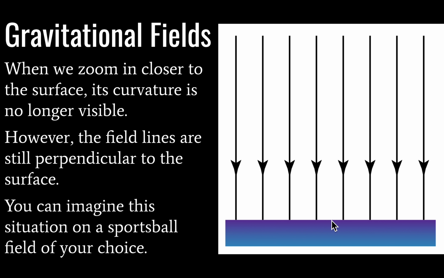So an easy way to think about this would be to imagine yourself standing on a sports ball field, sports ball of your choice. And to you, that field looks perfectly flat. However, if you zoom out to space, that will look like a very, very tiny part of a sphere. Okay, so this would be the perpendicularity you see on your sports ball field.